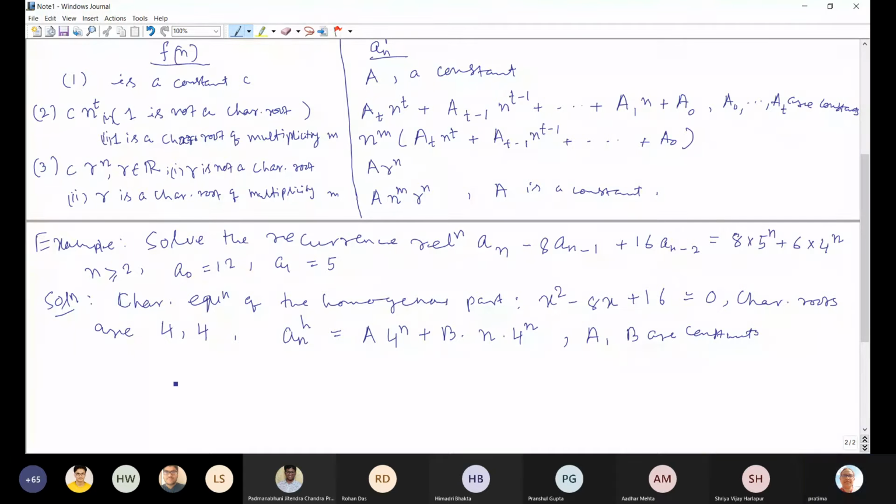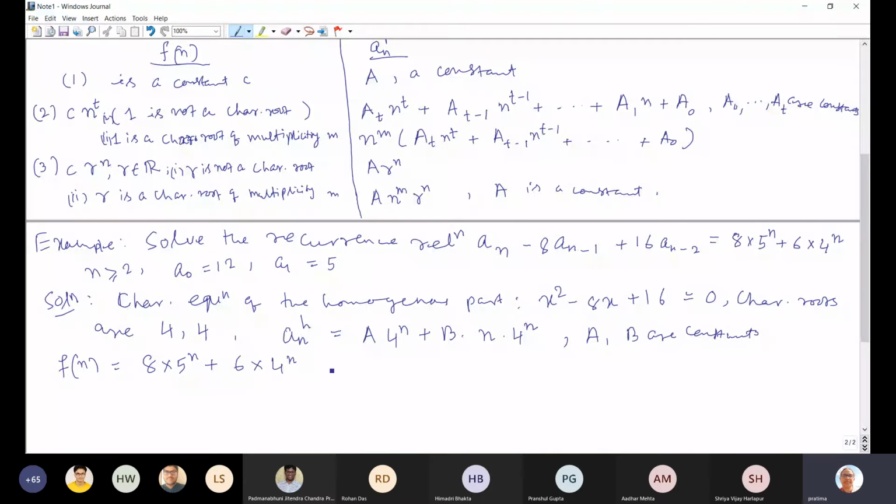Okay, so then we shall consider the particular solution. What will be the particular solution? Look at this F_n that is given here, 8 into 5 to the power n plus 6 into 4 to the power n.